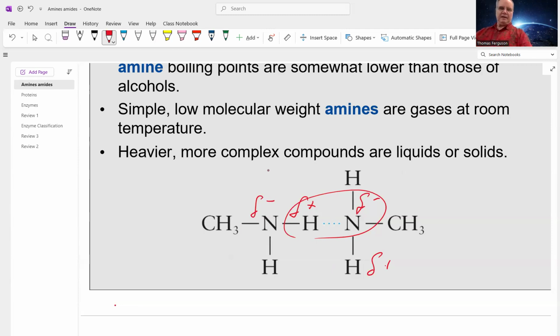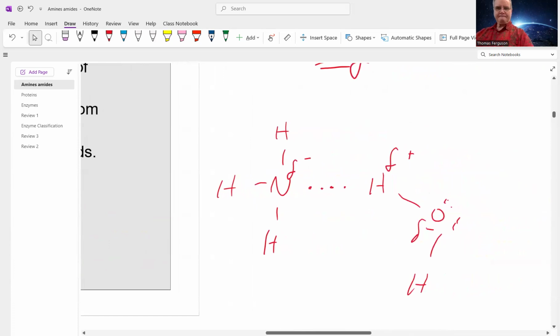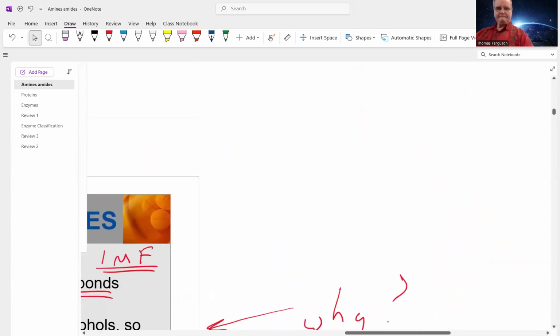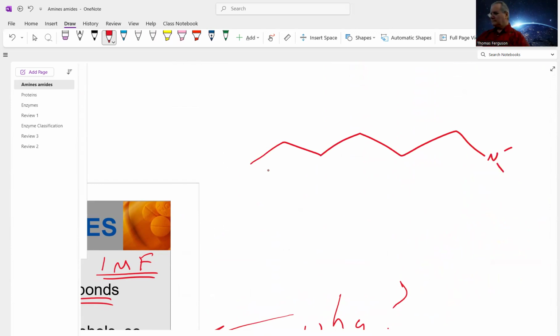Now, the same thing applies. If we have a big, long backbone, what's going to happen is that backbone of 7 carbons or longer is going to kind of take over the polarity of the nitrogen.